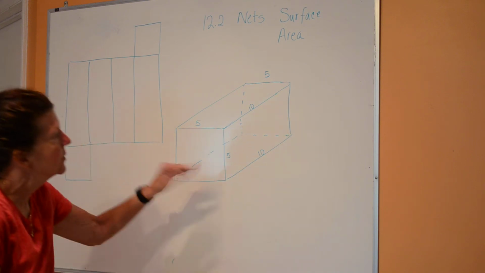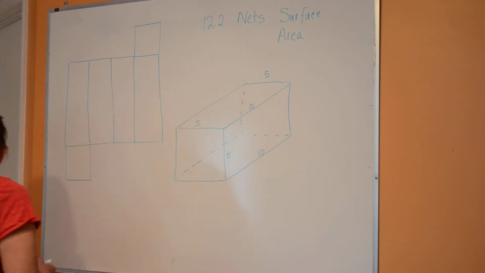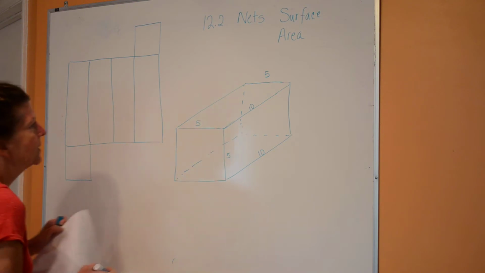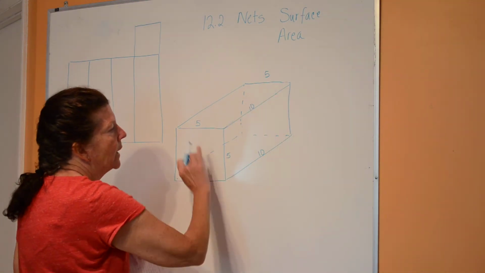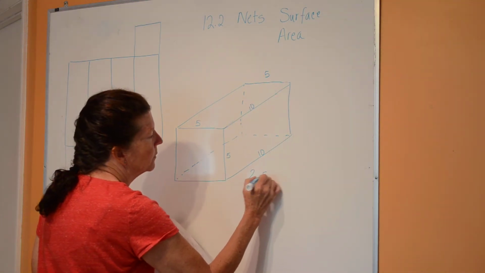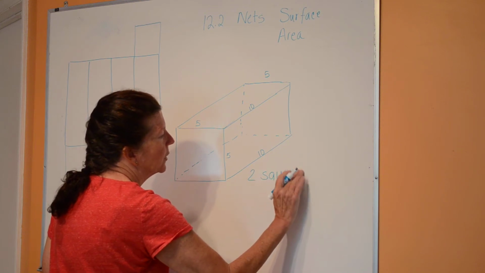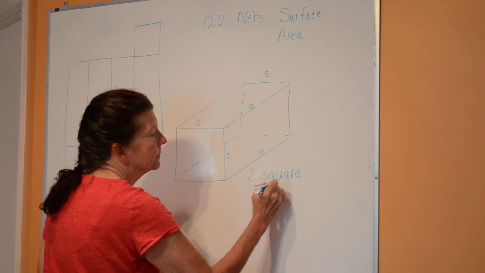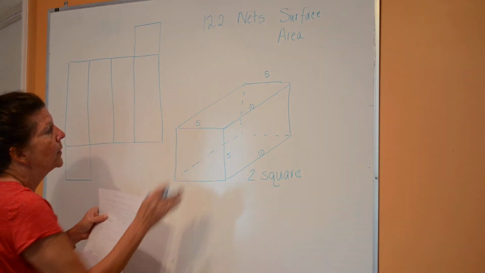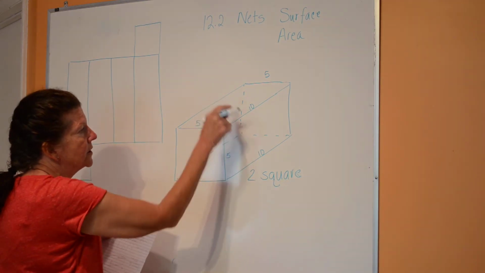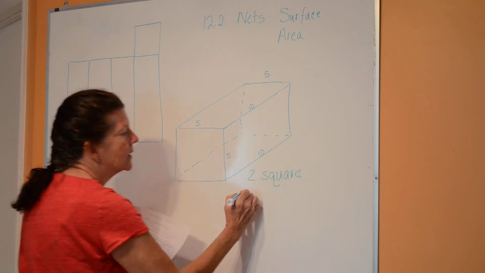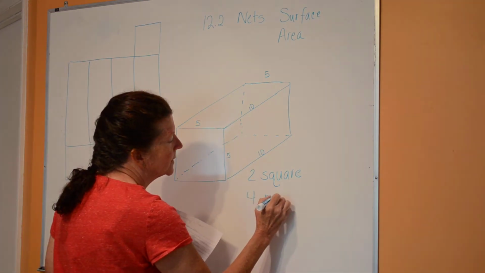Okay, for me to do the surface area of this particular box, I would say there's two squares, okay? So this is made up of two squares, which are your end pieces. And then you also have the bottom, the top, this side, and that side, so 4 rectangles.